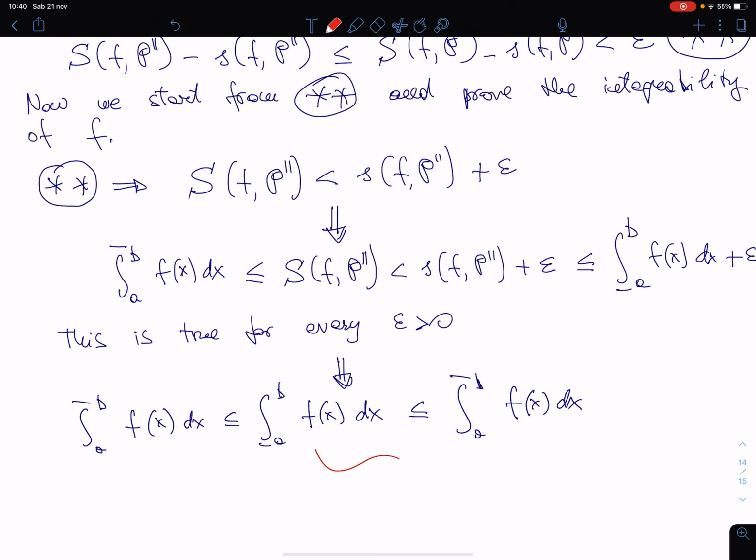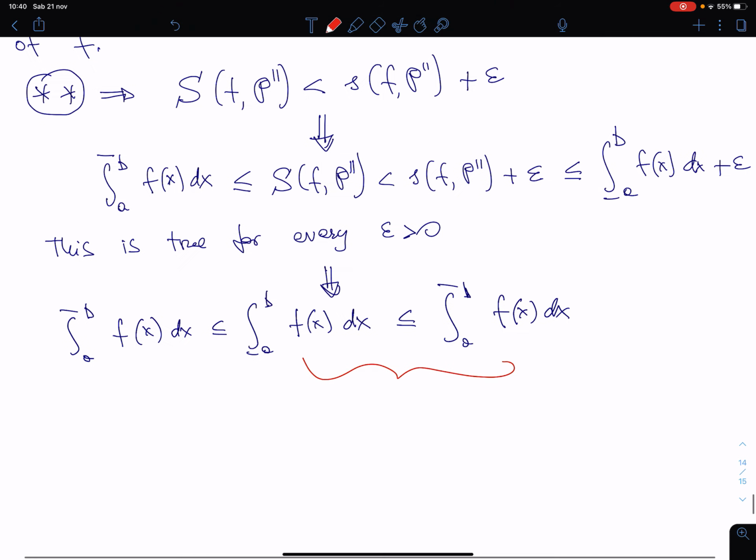This is by definition, or if you prefer, by construction of lower and upper integrals.